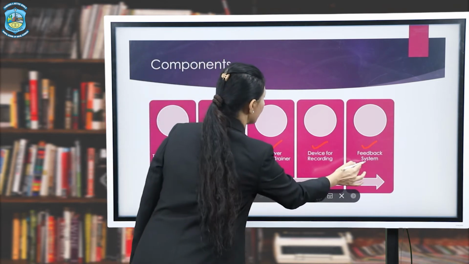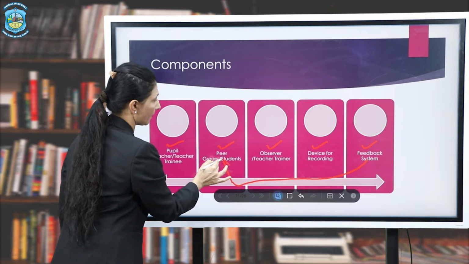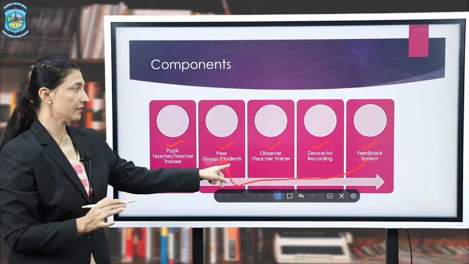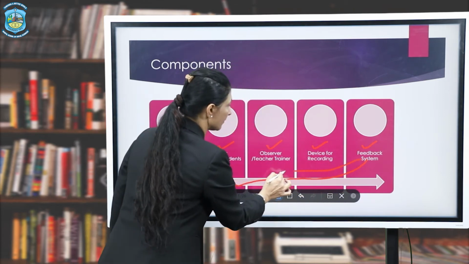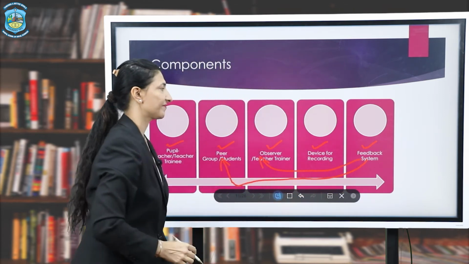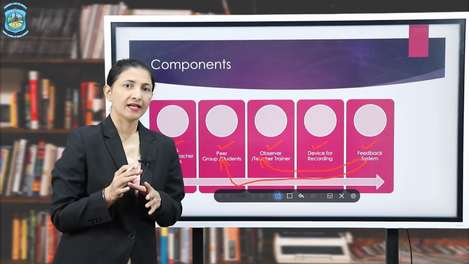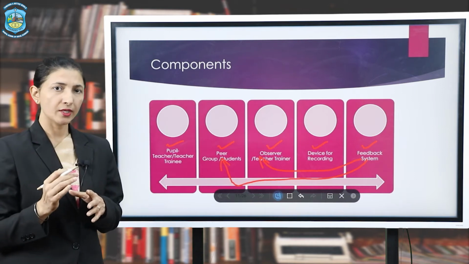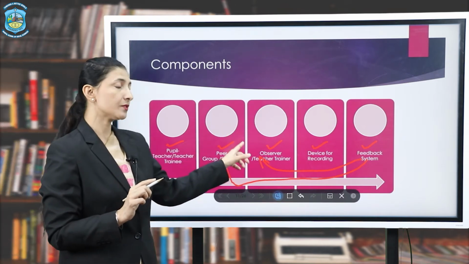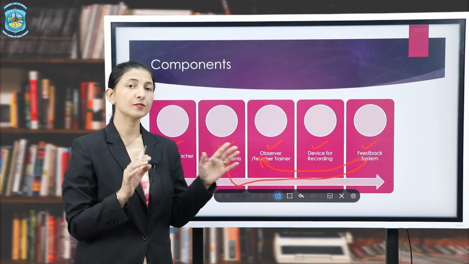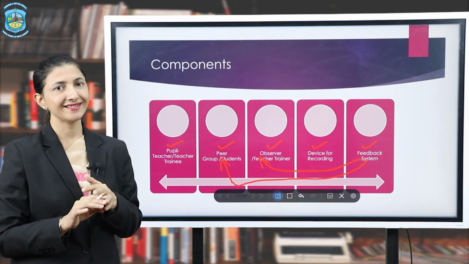Feedback will be given by the peer group students, and feedback will also be given by the observer. The peer group who is observing the pupil teacher will give feedback to the pupil teacher, and the observer or the teacher trainer who is present will also give feedback to the pupil teacher.